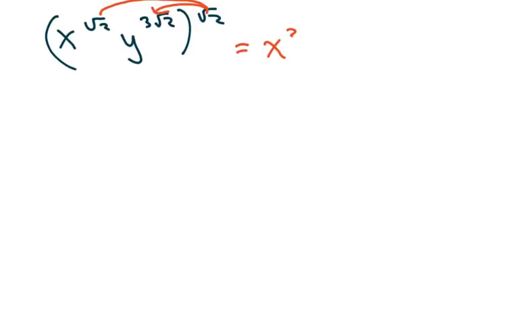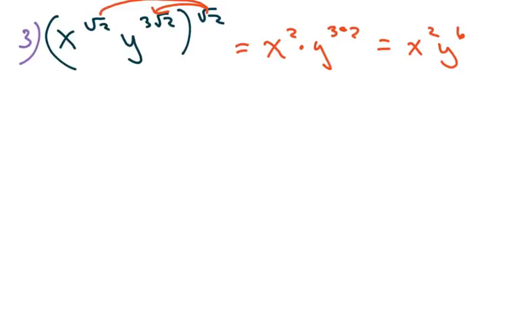So we have x squared times y to the third power times 2. This is times, so that's going to give us x squared times y to the 6th.